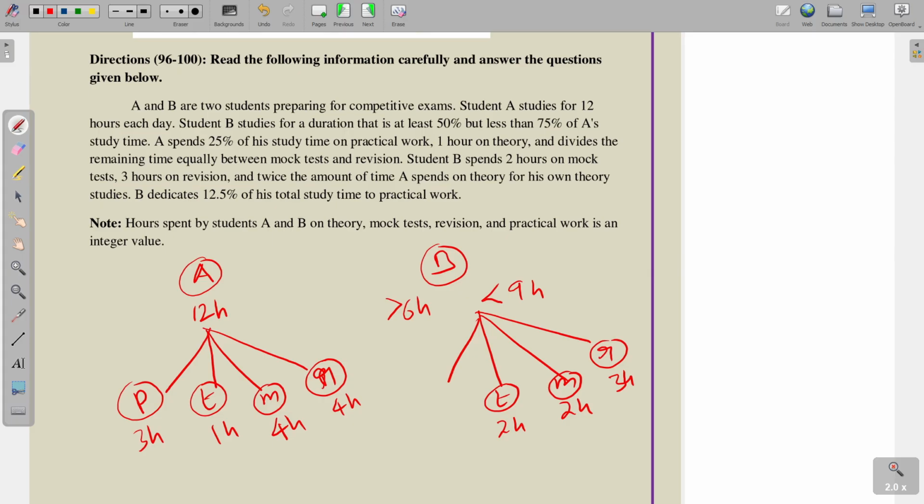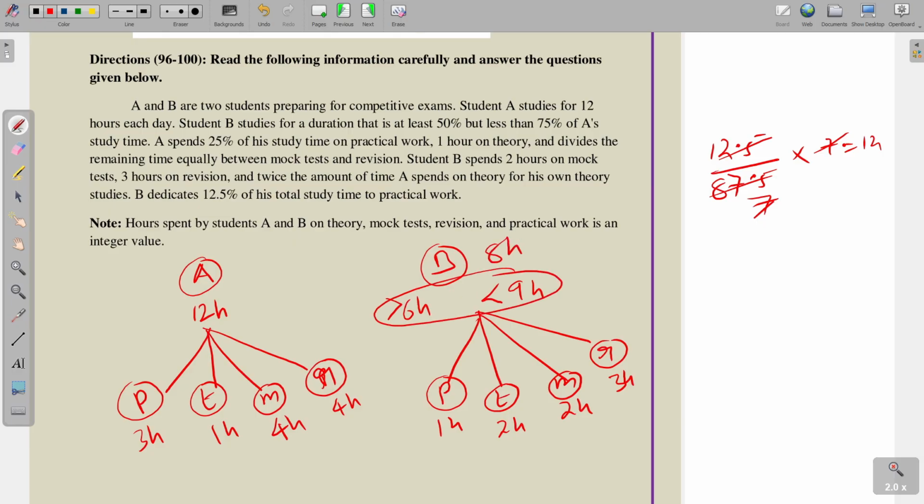B dedicates 12.5% of his time on practical work. 12.5% means the remaining is 87.5%. The total hours are 7, so 1 hour is dedicated to practical. So B's total time is 3 plus 2 plus 2 plus 1, that is 8 hours.